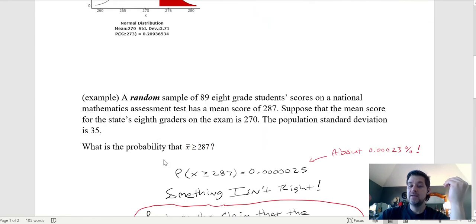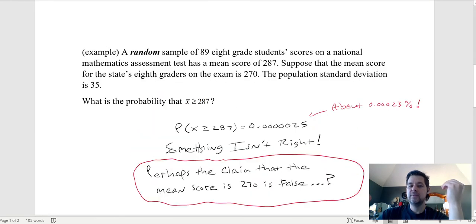I did the same thing, but I calculated the probability of my number being bigger than 287, okay? So, and here's the number it gave me this time. That's supposed to be an X bar right there. It gave me 0.000025, okay?